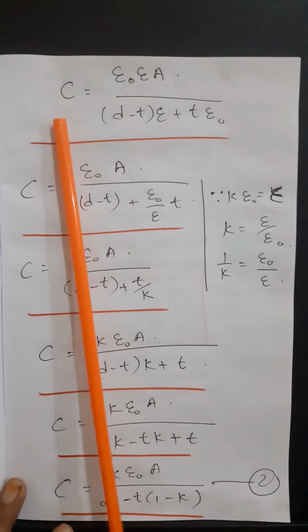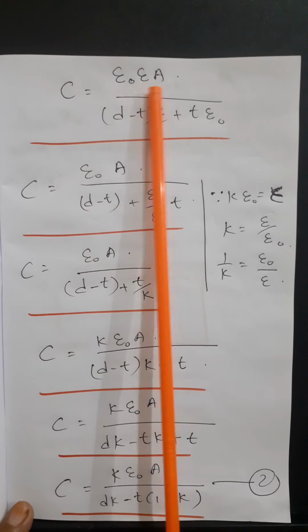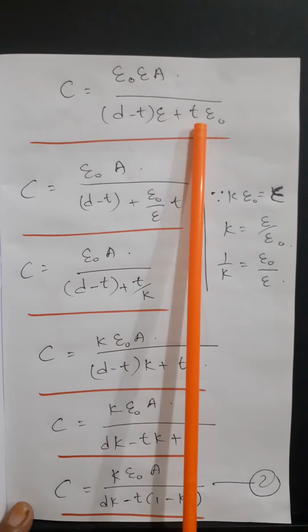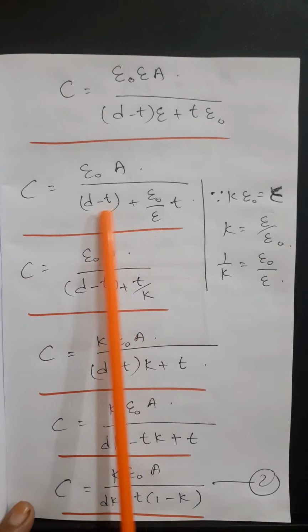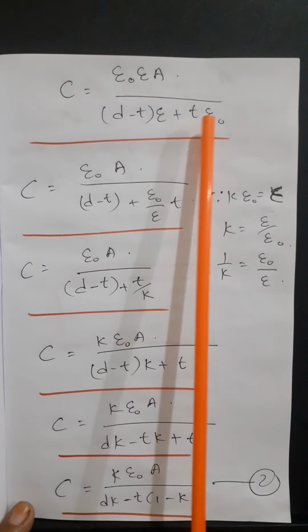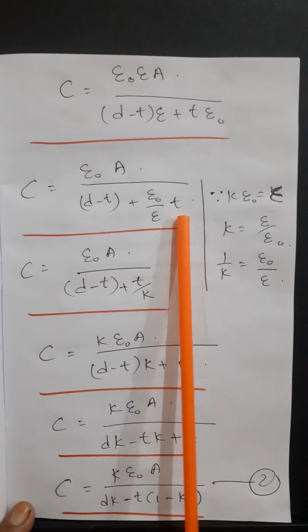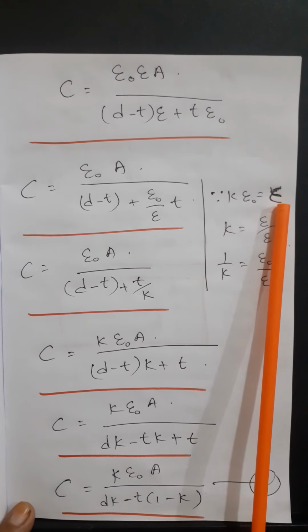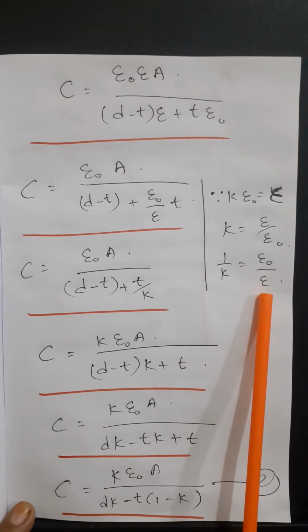Next, if you take the LCM, C becomes epsilon naught epsilon A by D minus t times epsilon plus t times epsilon naught. We can write this by taking D minus t to this side, so it becomes epsilon naught by epsilon into t. We know that K epsilon naught is equal to epsilon, so K is equal to epsilon by epsilon naught, and 1 by K is equal to epsilon naught by epsilon.